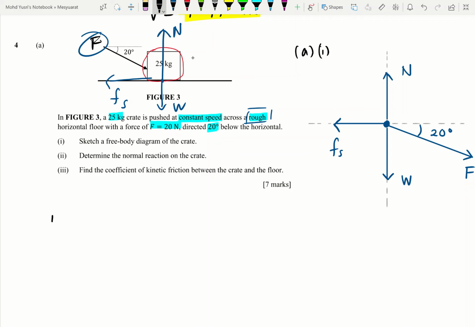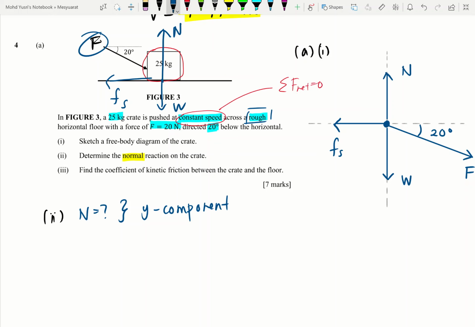For question A2, determine the normal reaction on the crate. So basically kita nak determine value of N. Now N berada pada Y component. Now since the object move with constant speed, that means F net is equal to 0.